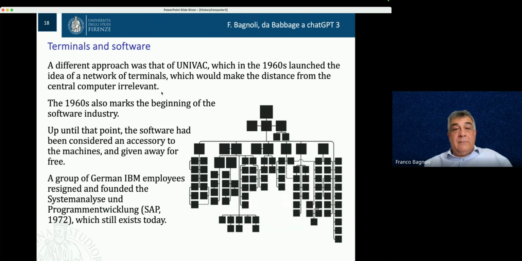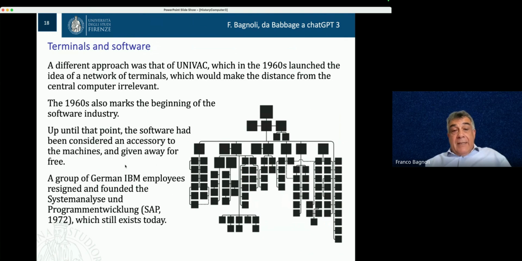The idea is that, and this took time, if you can program or run your programs from a distant location, then where you put the mainframe is relatively irrelevant.